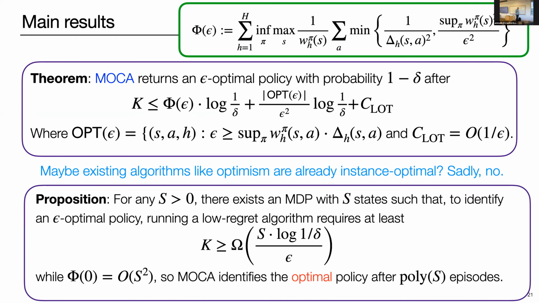There exists an instance that I can create such that if you played optimism on this instance to find an epsilon good policy, it's going to require 1 over epsilon samples, whereas Mocha, this algorithm, will return a policy in a constant number of samples with respect to epsilon. It will depend horribly on the number of states and things like this, but I'm just caring about the epsilon dependence right now, because I can make epsilon as small as I want.